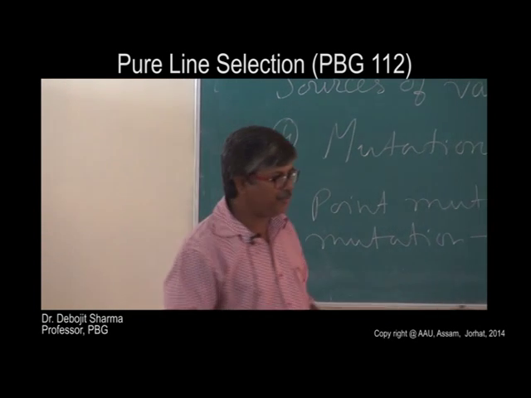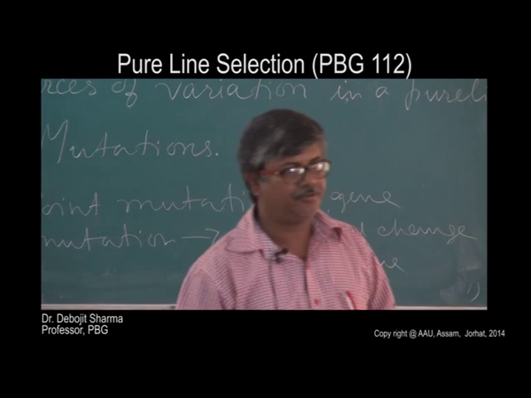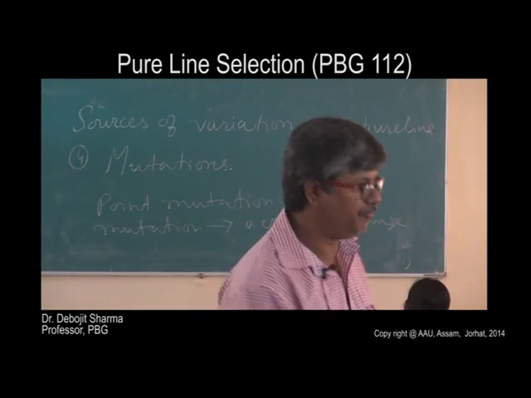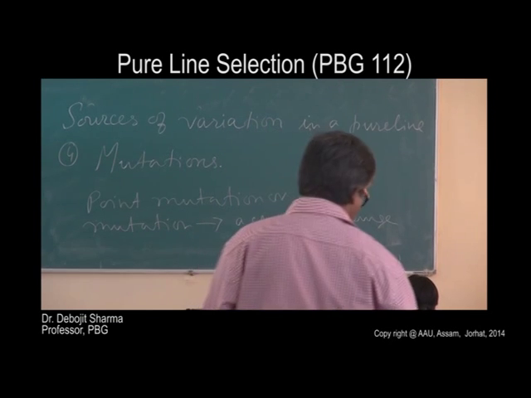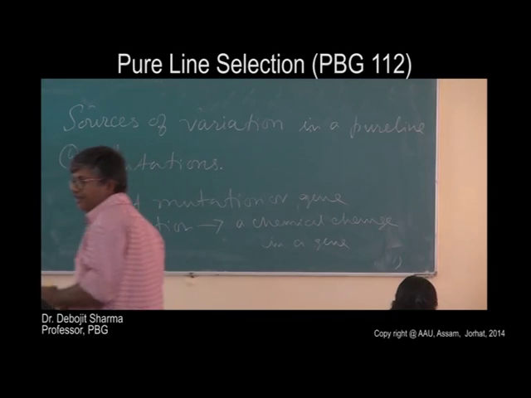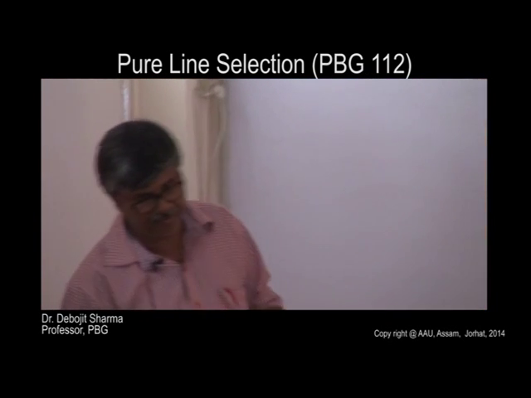So this point mutation or gene mutation is actually the major source of variation in the crop plants. Almost the entire variation found in the crop plants has its origin in mutations.